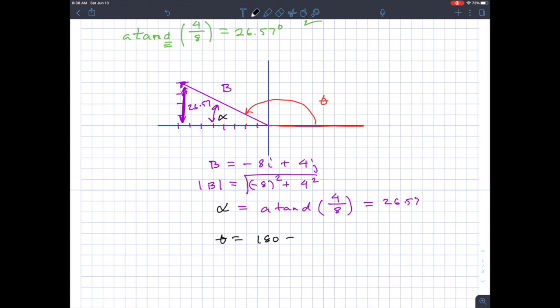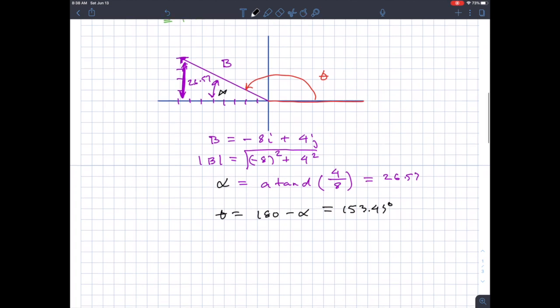Here's alpha. It'd be 180 minus alpha, and when we go through the calculation, that would be 153.43 degrees.